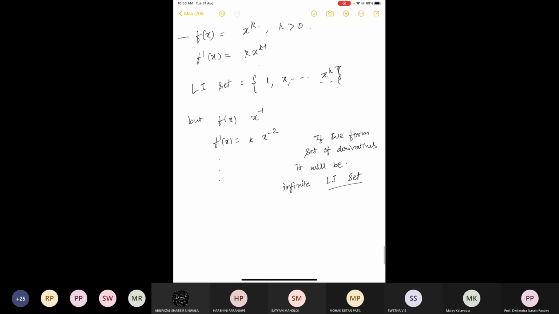So this method is not applicable on this, right? If R(x) is equal to x to the power minus 1, this method will not work. Is that okay, all of you?